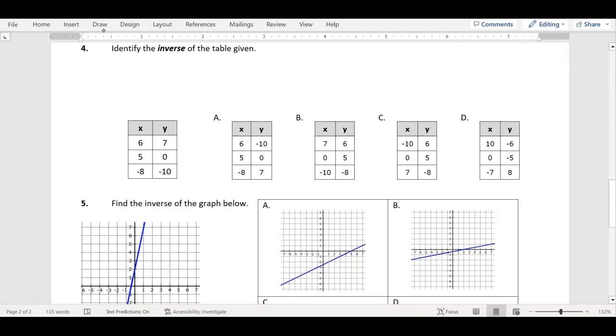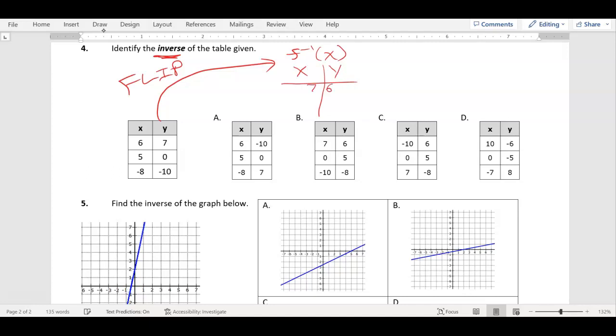Now please notice there's a back to this review and a back to the quiz tomorrow. So if we're going to identify the inverse of the table, we're just going to flip it. Flip that table. All right, so 6, 7 will become 7, 6. 5, 0 will become 0, 5. -8, -10 will become -10, -8.